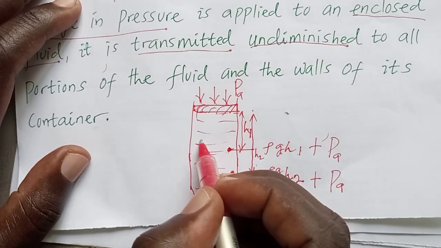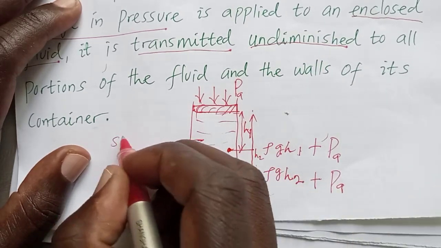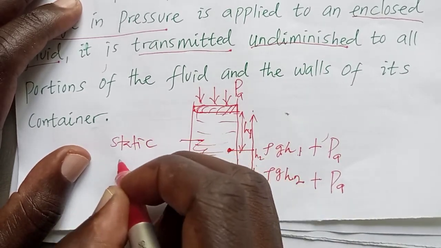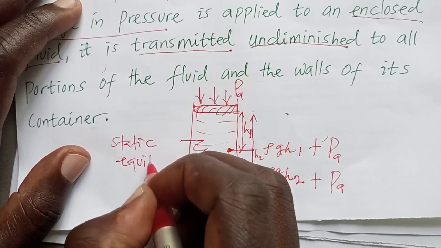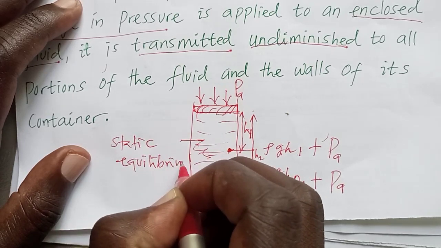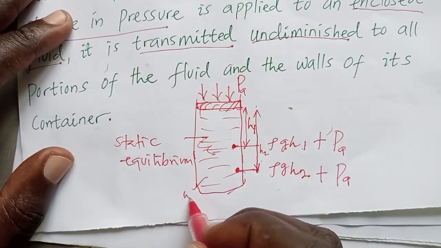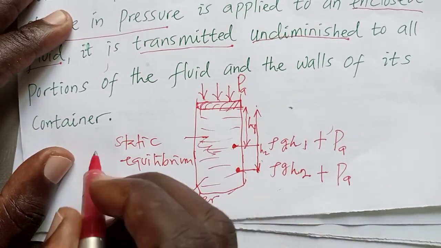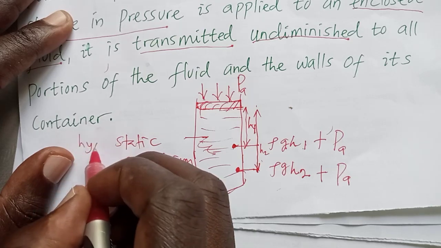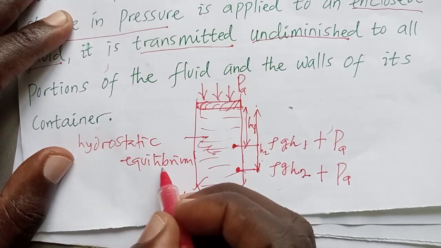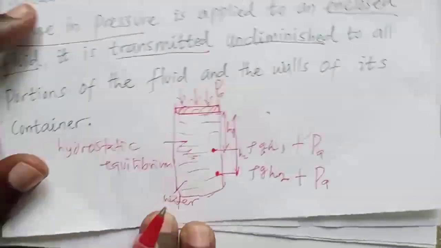The liquid is at rest, so we say it is in static equilibrium. It is in static equilibrium because it is at rest. Now, if this liquid is water, we say it is in a state of hydrostatic equilibrium.